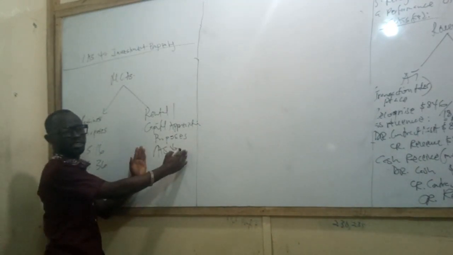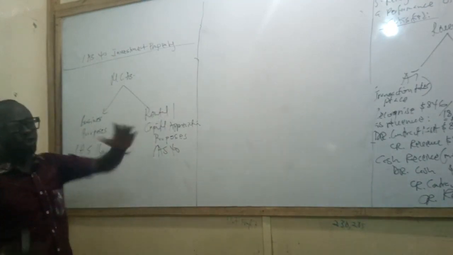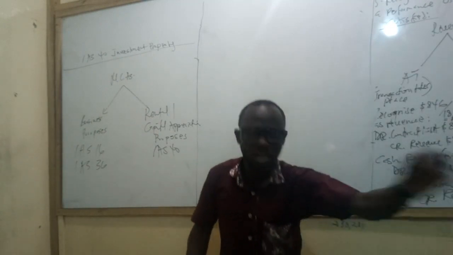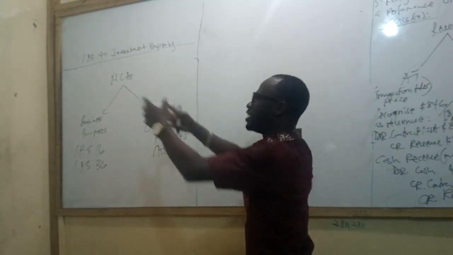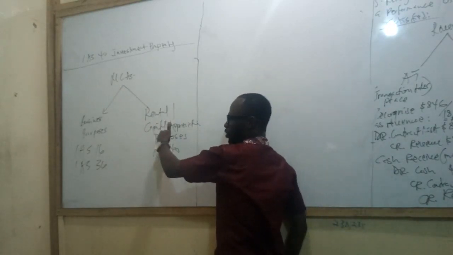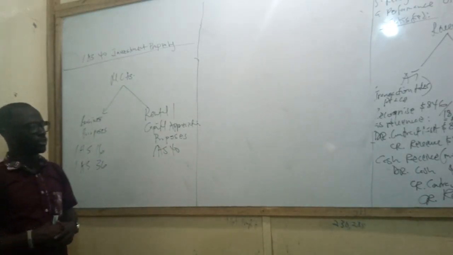An investment property according to IAS 40. If you have bought a land and you are not doing anything on the land, you have not built a factory on the land for business purposes, and you are just holding the land, that means you may be holding the land for what? Capital purposes. You have to carry the land according to IAS 40.